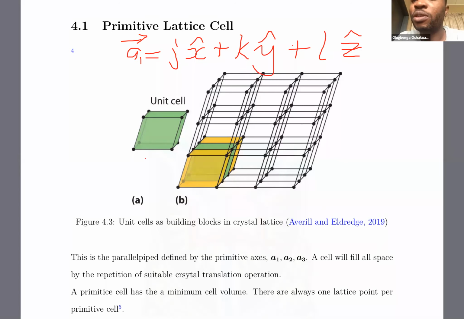you can say that your A1 here should be something along the x-axis, fine. But this is your particular y-axis. This is the original y-axis.